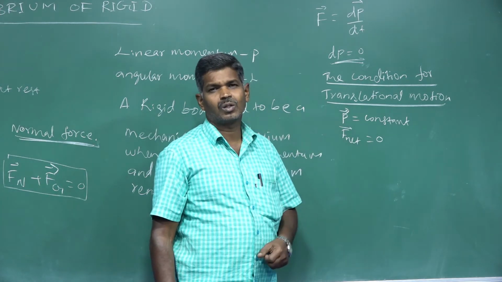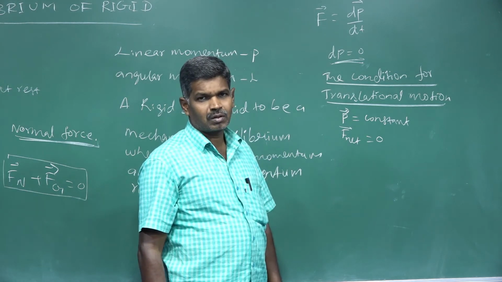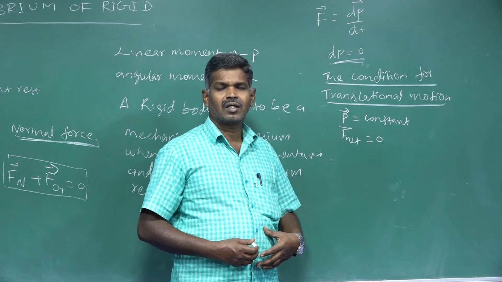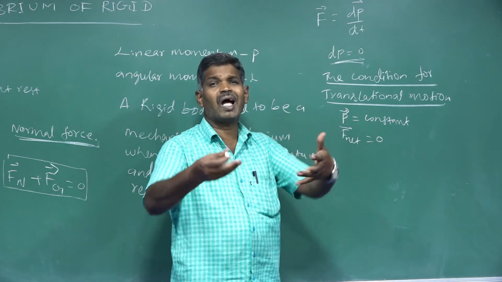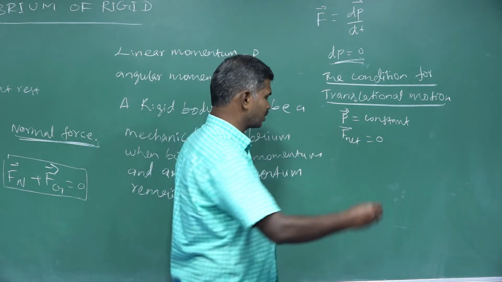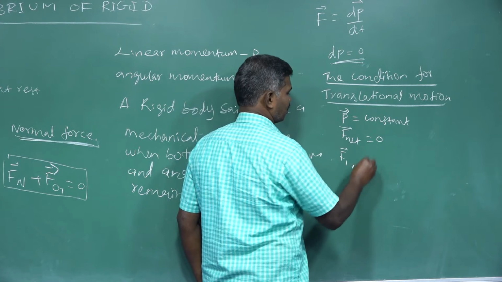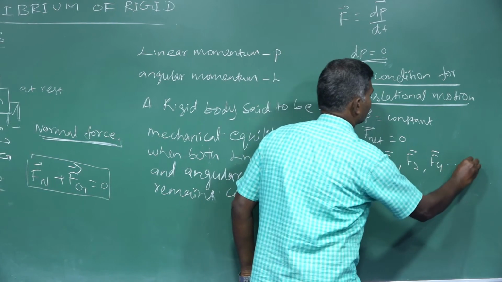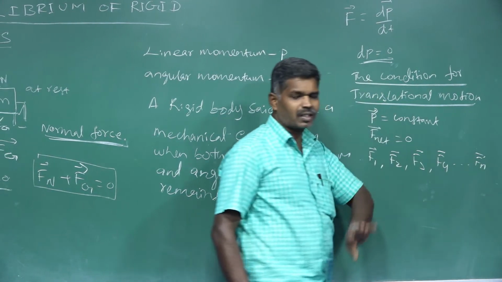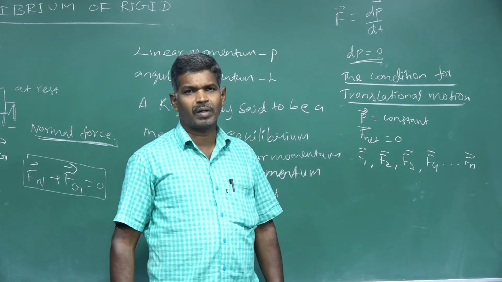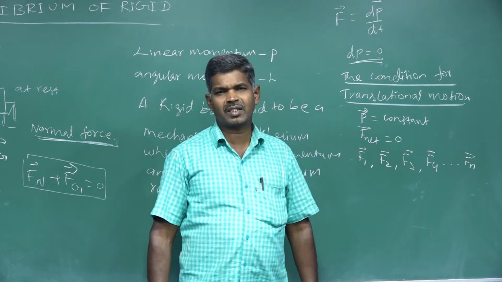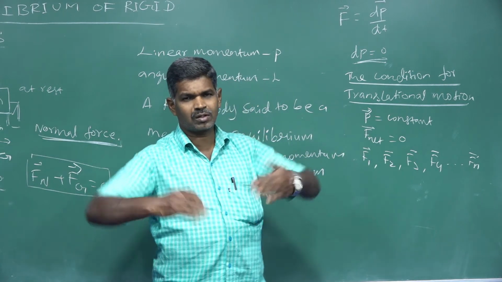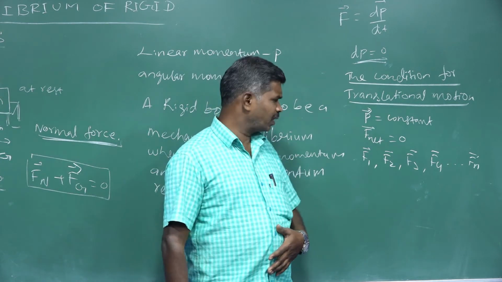We cannot say no force is acting. If the net force is 0, many forces may act on that object, represented as F1 vector, F2 vector, F3 vector, F4 vector, up to n forces. But if the object's linear momentum remains constant, the net force on the object becomes 0.